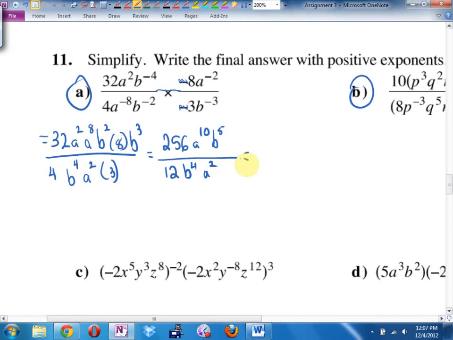Now, numbers first. 256 over 12. Does that work out evenly? That's my first question. My gut is saying no. What goes into 256 and 12 evenly? The first thing I would try is 2. If you divide by 2, you'll get 128. And if you divide by 2, you'll get 6.